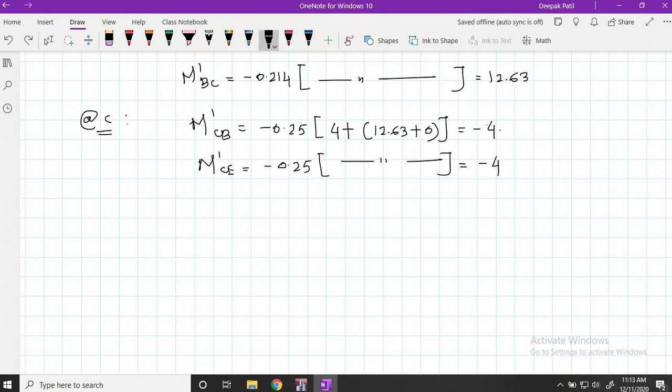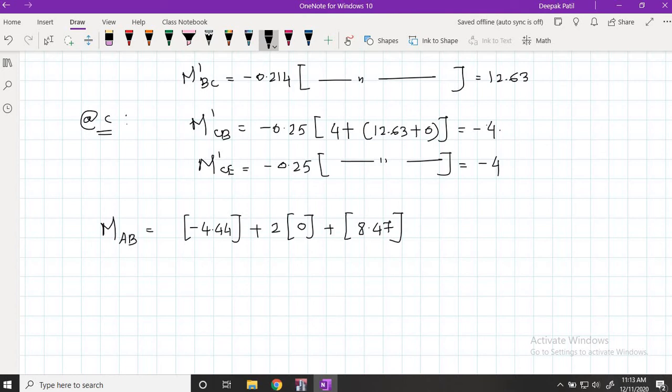First, let me start with MAB is equal to the fixed end moment, that of AB, plus 2 times near end rotation contribution. Near end is A, so the rotation contribution will be 0, plus 1 time the far end rotation contribution, that is 8.47.